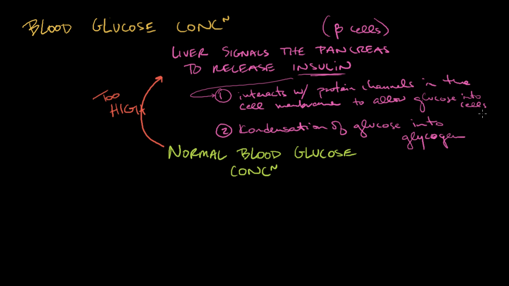It allows sugars to leave the bloodstream and go into every single cell in your body, but namely in your liver and in your muscles, it allows for that glucose to turn into glycogen and be a stored polysaccharide that can be used later. So that's one way that the glucose concentration in your blood can be reduced and come back to normal level.